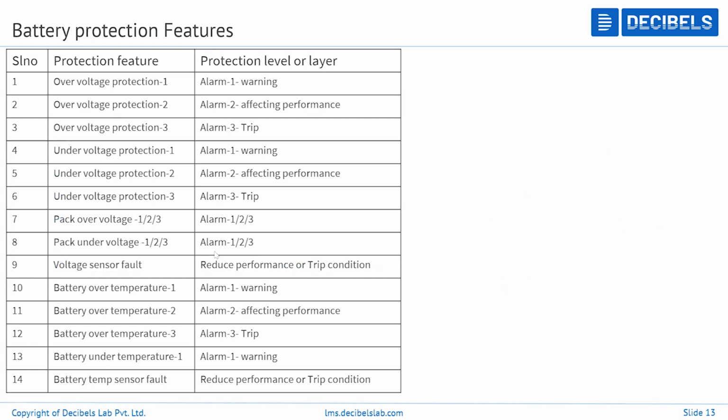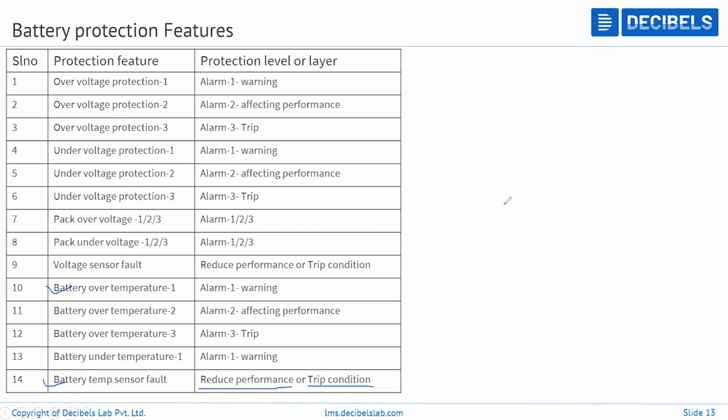So if I talk about battery over temperature, and battery over temperature 1, 2, and 3, again it will be defined with different levels.